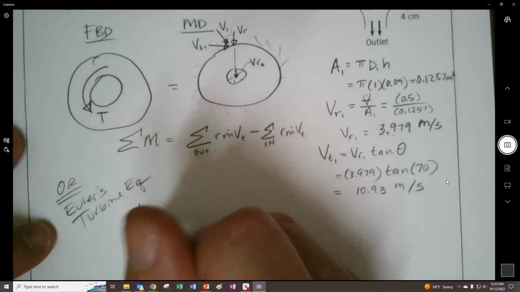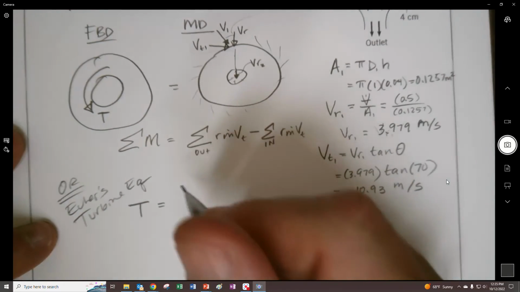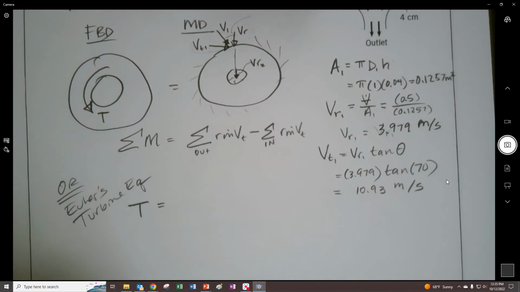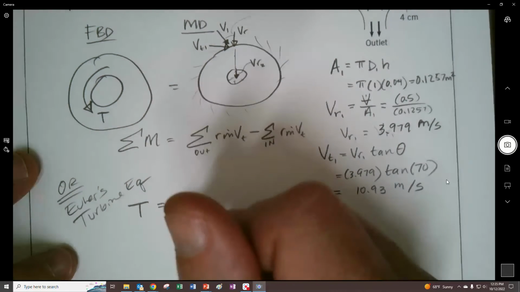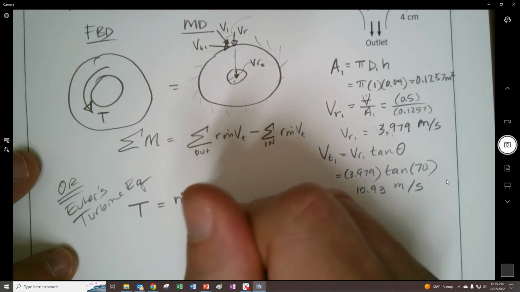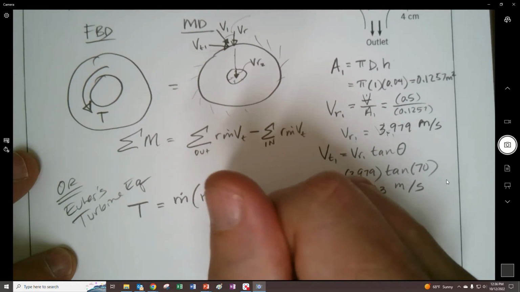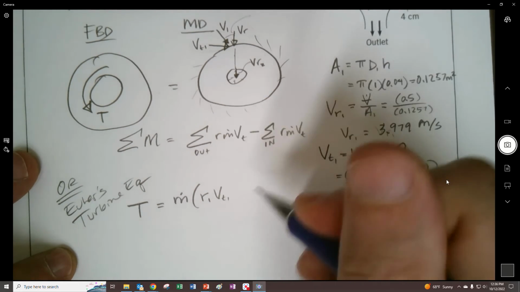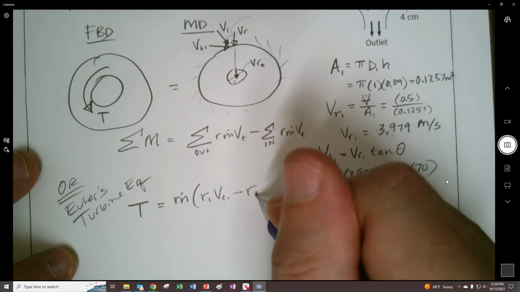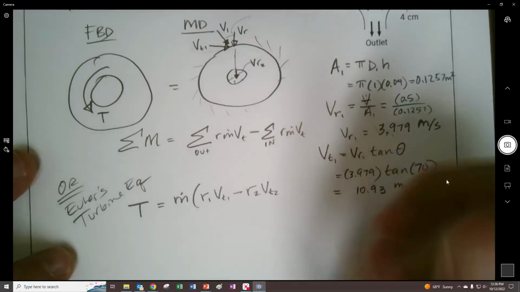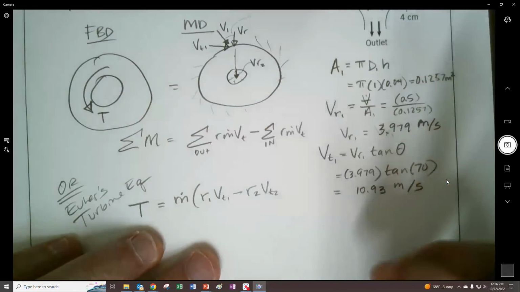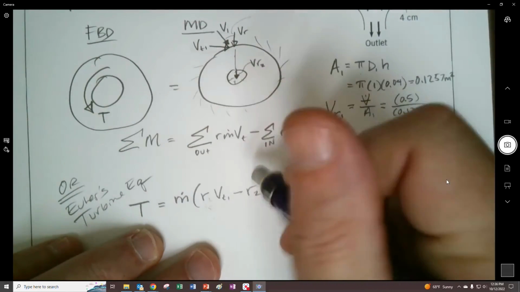We'll find out that the torque is going to be m dot, and r1 v tangential 1 minus r2 v tangential. No, I'm sorry. No. Okay, so I'm going the other way.